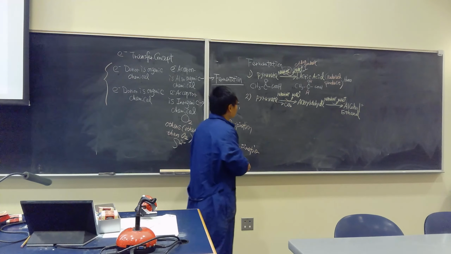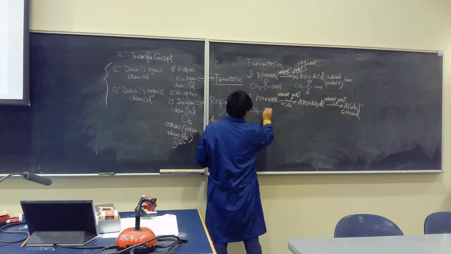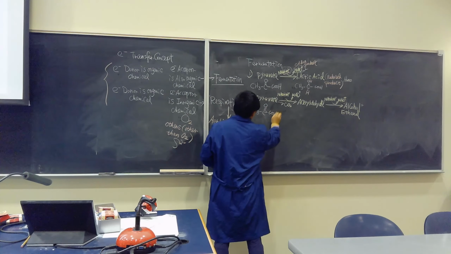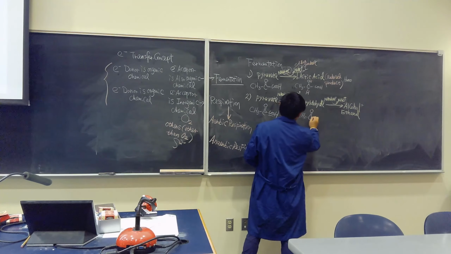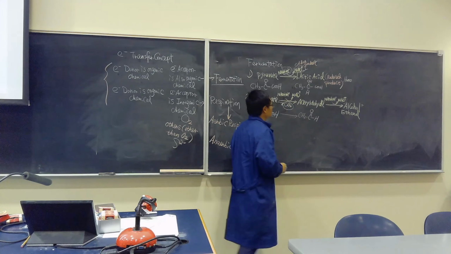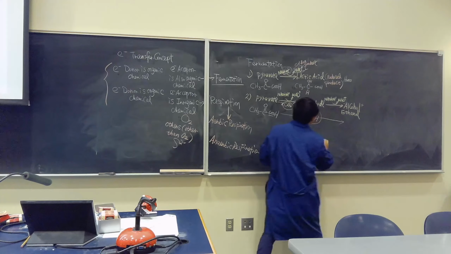What does the structure look like? Pyruvate, okay, lose carbon dioxide. This is gone. So become here what? CH3CHO. This is called aldehyde. And then you go here, become ethanol.